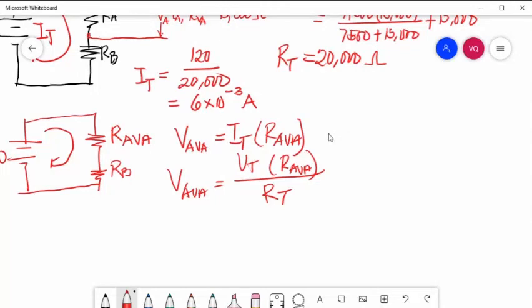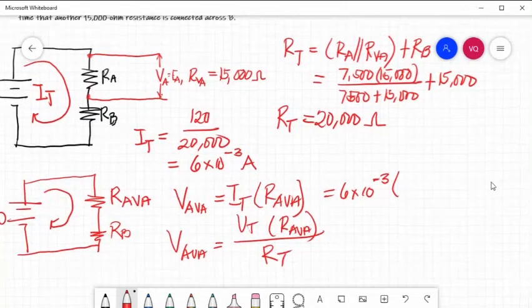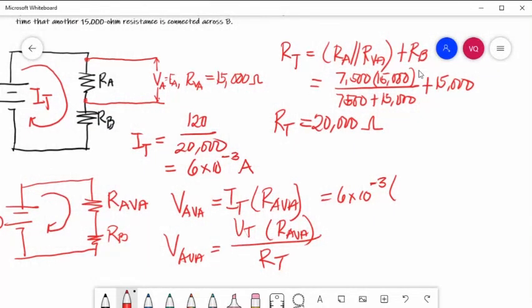So, VAVA is 6 times 10 raised to negative 3 multiplied by RAVA, which is equal to the parallel combination. So, that is equal to 5,000. So, equal to 30 volts.